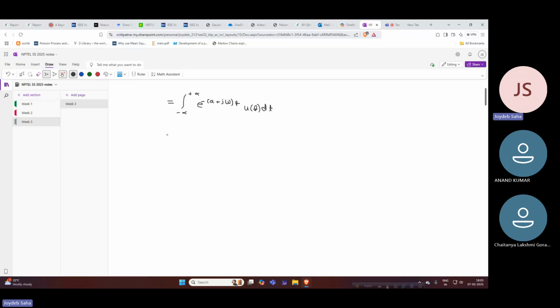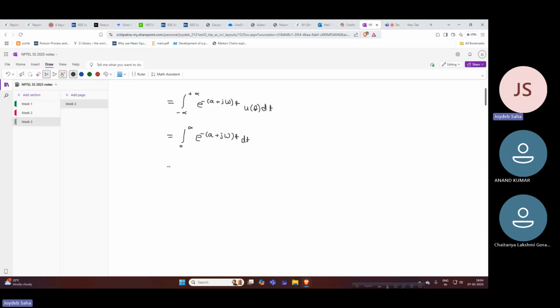So we can write it like this: the integral from 0 to infinity of e to the power minus (a plus j omega) t dt. Now this is simple integration, because u(t) for t less than 0 is 0.